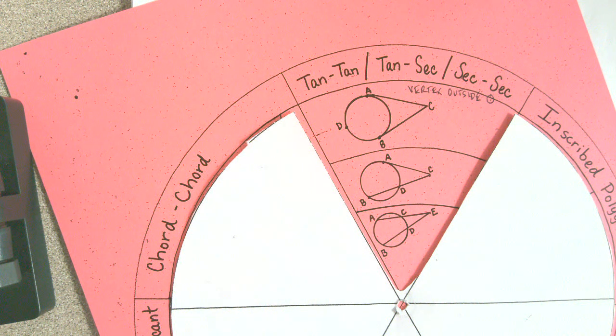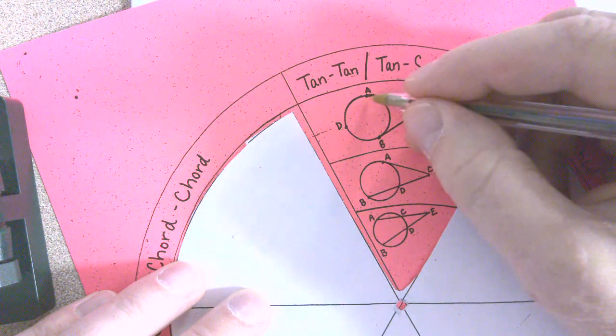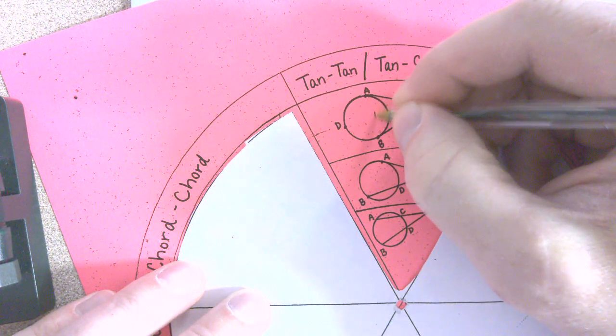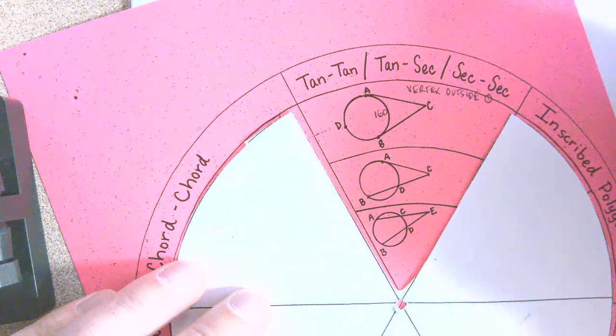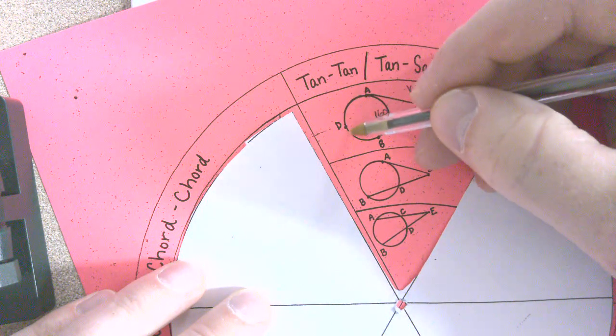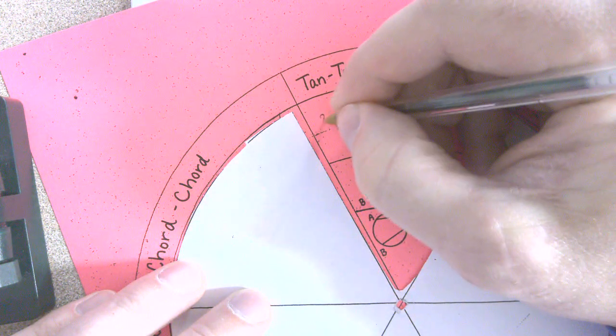So if I'm focusing, I'm just going to focus on this top picture, angle C. So for angle C, it intercepts arc AB, which I'm going to tell you in this one, we're going to say arc AB is 160. And then it also intercepts this big arc, which is on the other side of that, which we're going to say is 200.